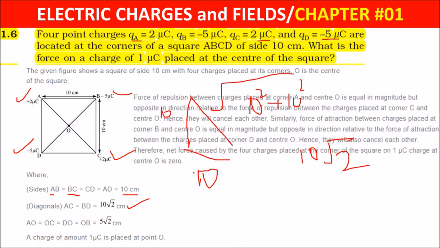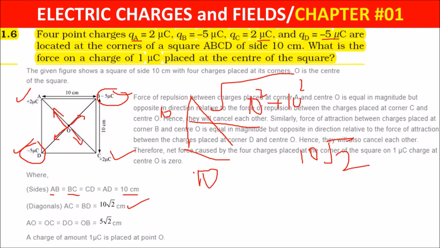So the forces on the charge from the two equal charges are equal in magnitude but opposite in direction, so they will cancel each other. The charges of minus 5 microcoulomb will both exert repulsive force at the center, and similarly due to plus 2 microcoulomb and plus 2 microcoulomb the force will be repulsive in nature.